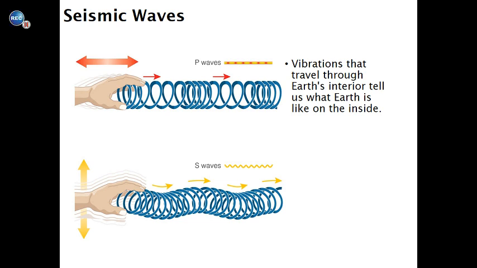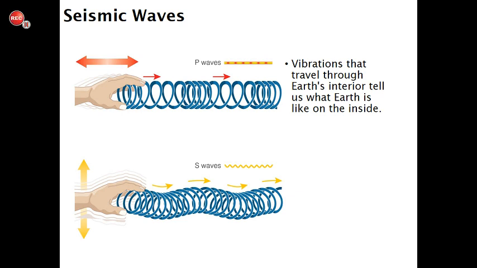You can think of that as side to side, as you move up and down in the picture and the energy moves to the right. The other type is called longitudinal, which is along the direction that the energy moves in. In this picture, those are called P waves. You can think of them as pushing and pulling waves. The particles move left to right, and the energy moves to the right.